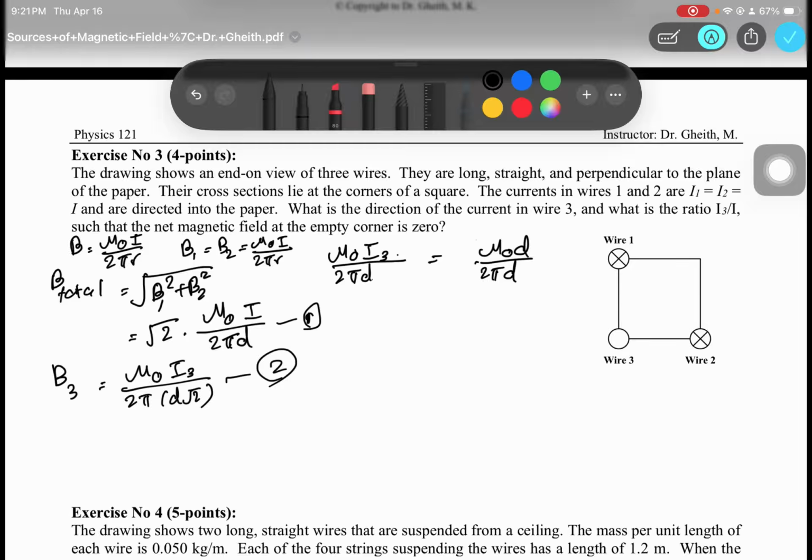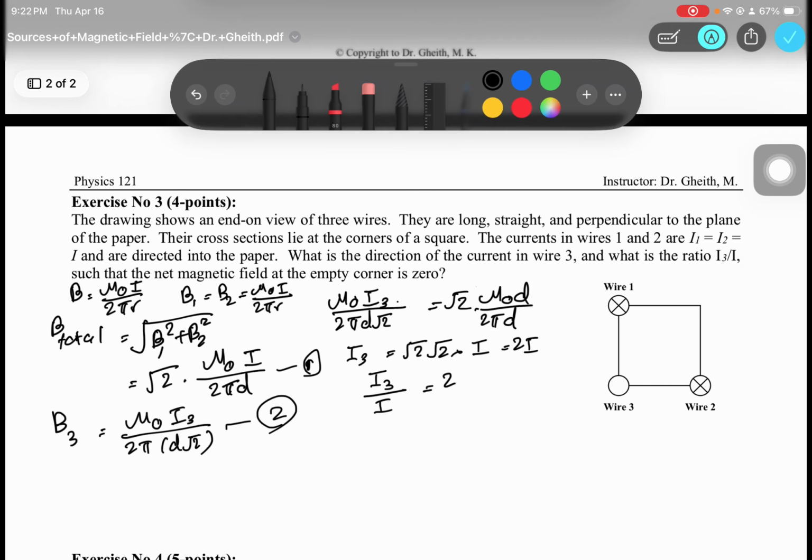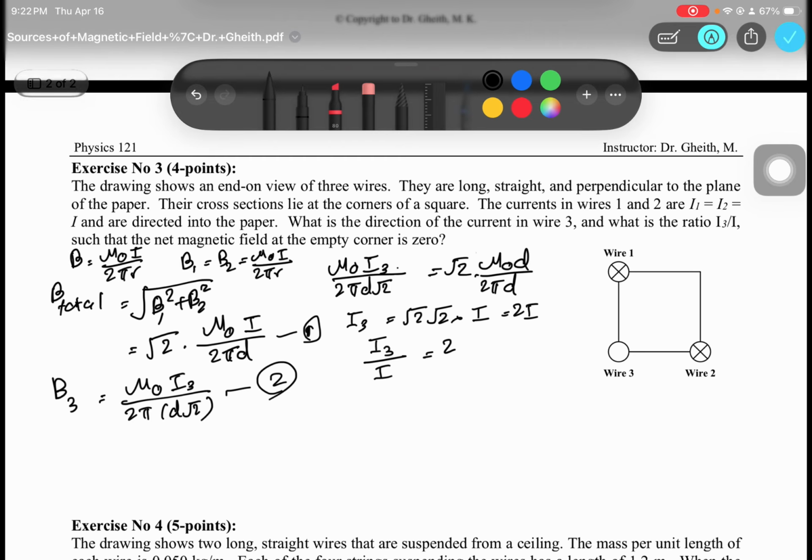I'm sorry, root 2, okay? So I3 is equal to root 2 into root 2 into I, which is equal to 2I. So I3 by I is equal to 2. I'm not sure, but if this kind of problem is in the exam, I will skip it. So this is the answer.